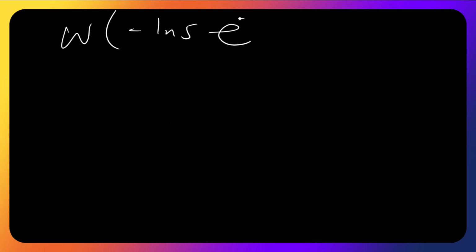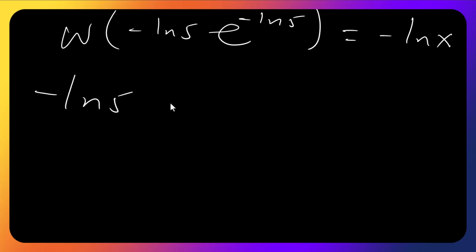That will be minus ln of 5 equals minus ln of x. So the W function of this one equals that: minus ln of 5 equals minus ln of x.